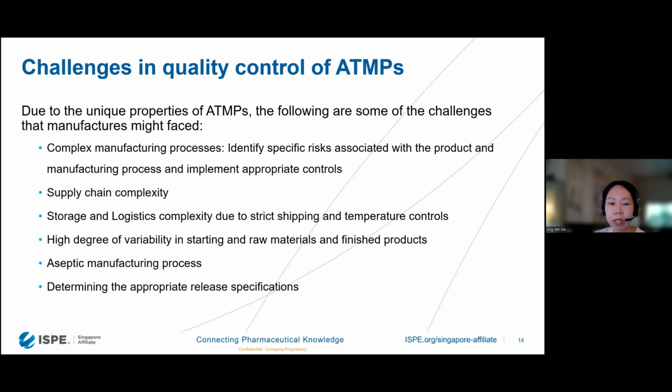Storage, logistic complexity. So most ATMPs have short product shelf life and are sensitive to temperature fluctuation. For instance, changes in storage temperature often will affect the viability and cell count of the cell therapy products, and in turn affect the quality and efficacy of the drug product.